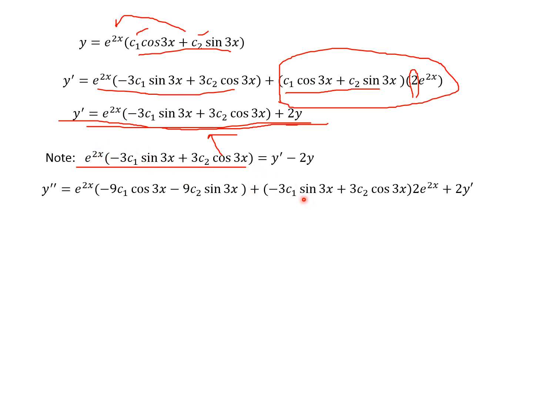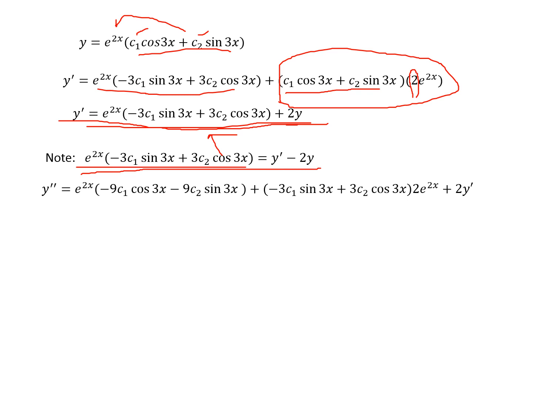That's negative 3c1 sine 3x plus 3c2 cosine 3x times the derivative of e to the 2x, which is 2e to the 2x, plus the derivative of 2y, which is 2y prime. Now if you notice, there will be one common term, and this equation will be important to us there.